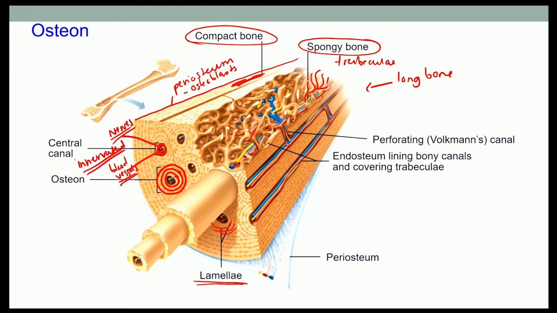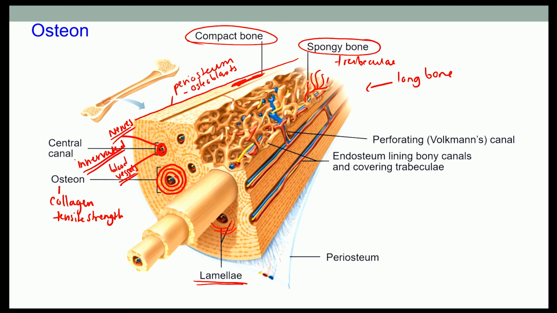So the lamellae of the osteons, what gives the osteon its structure or its properties in terms of being weight bearing, is that these osteons contain collagen. Collagen, if you remember from your cells and tissues, is a fibre that provides a certain amount of tensile strength to the bone.